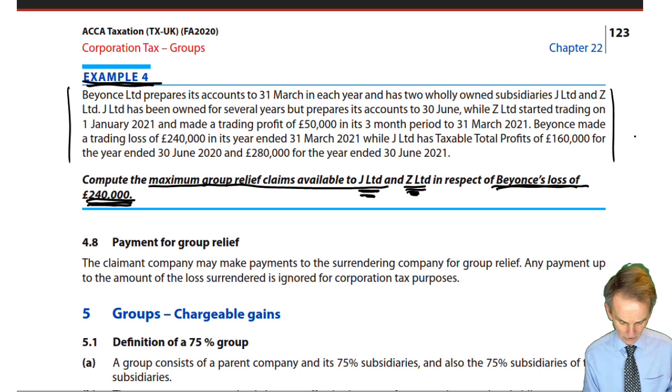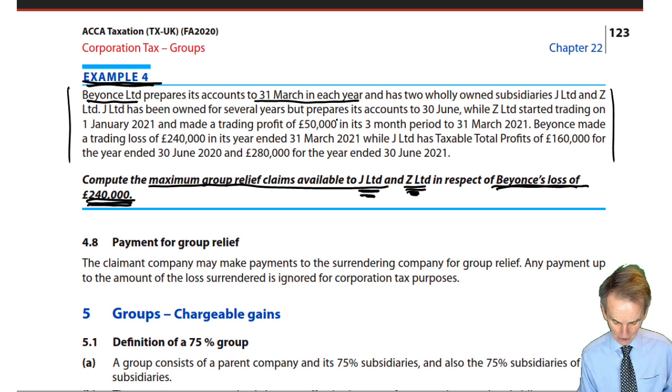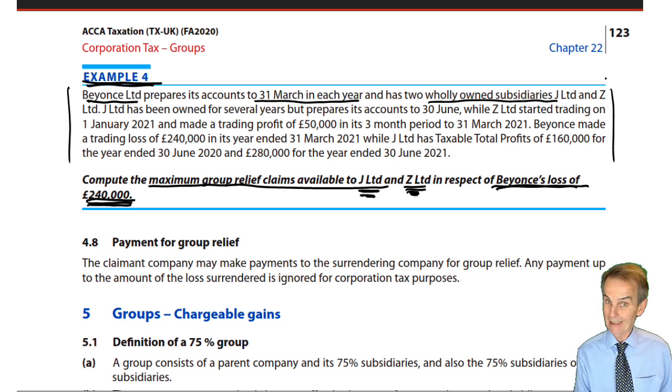You're going to look to see Beyoncé, the loss maker, prepares accounts to the 31st of March in each year, has two wholly owned subs. So yes, wholly owned, 100% is clearly more than 75%, so group relief is available. J Limited and, let's go American, Z Limited.